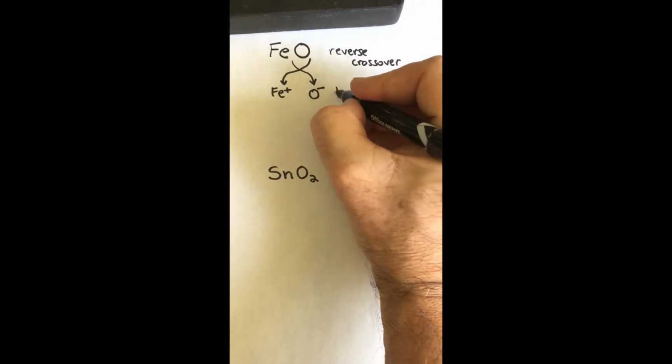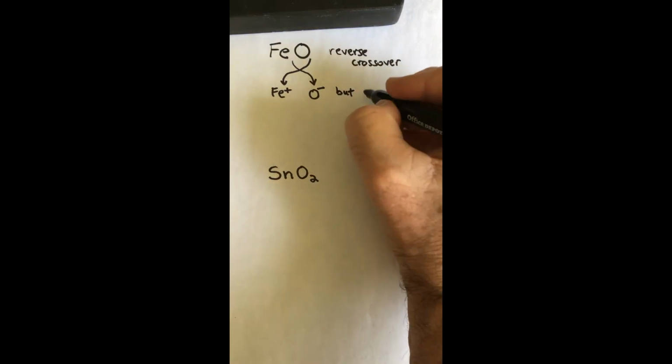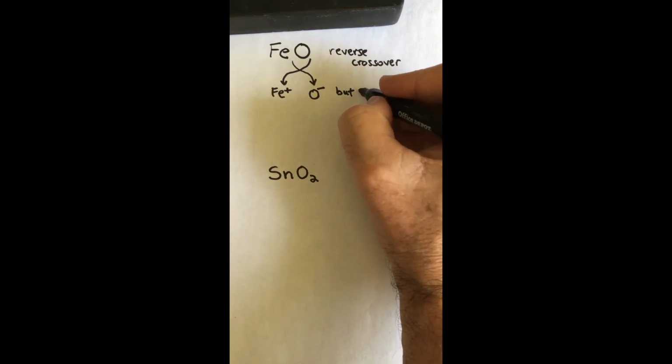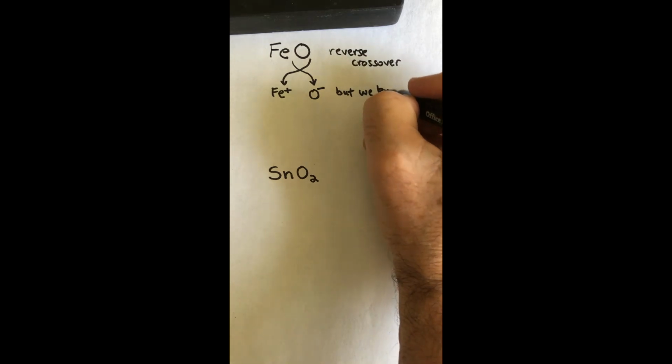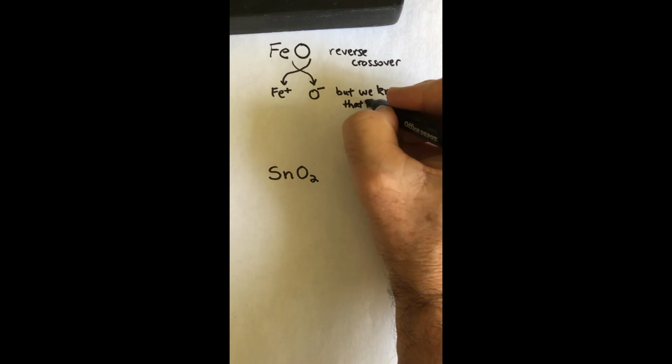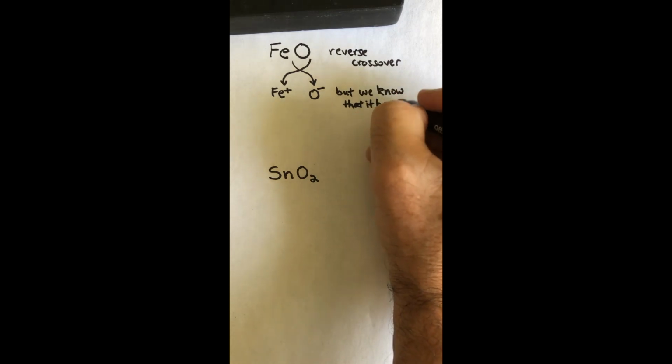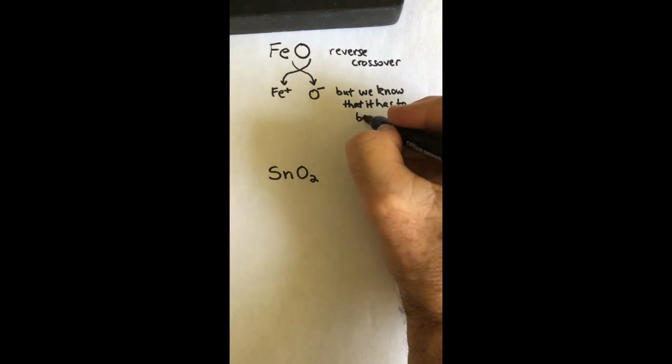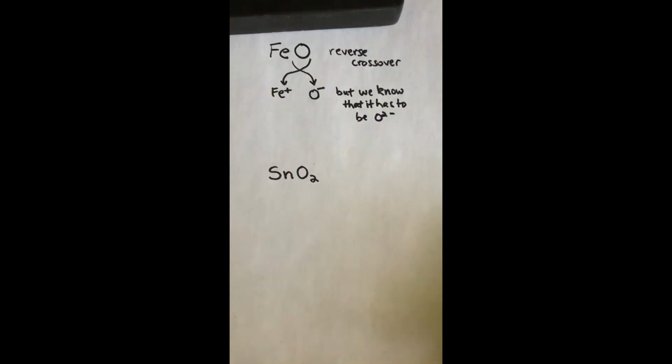But we know that oxygen forms an ion that has to be O2-. In other words, there is no oxide ion with one negative charge.